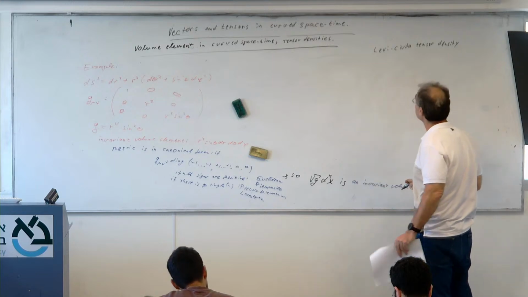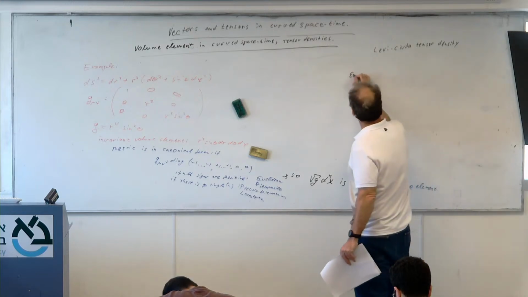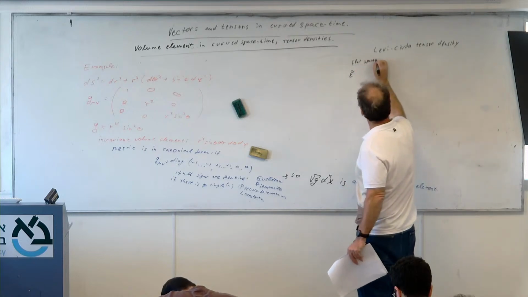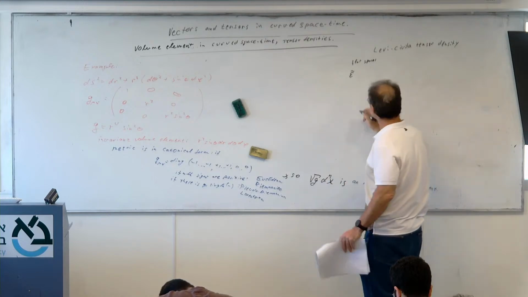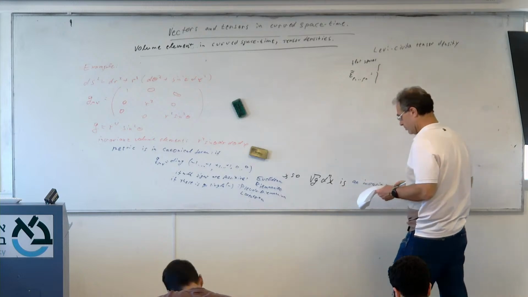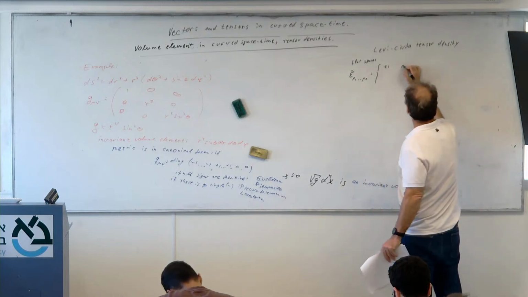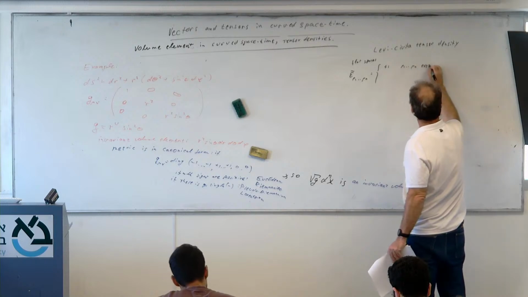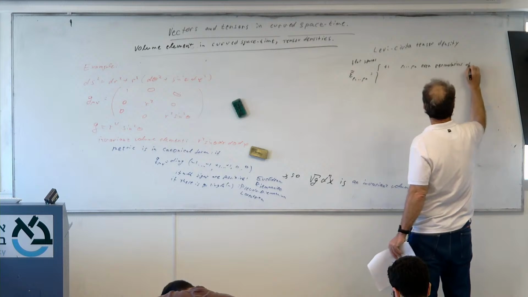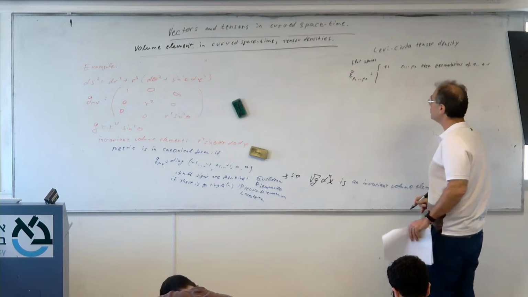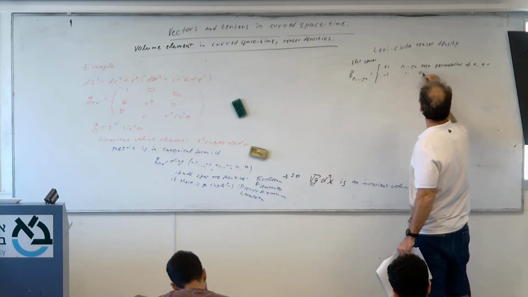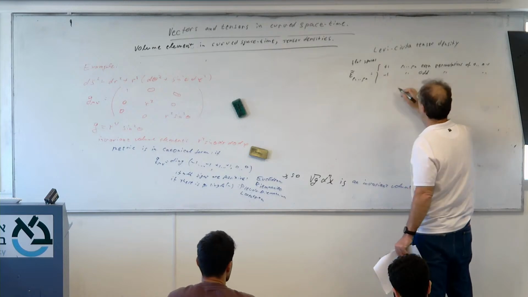So in flat space, we have epsilon, which I'm now going to put in as a tilde. This is flat space. Epsilon tilde of mu1 to mu n is defined as +1 if mu1 to mu n are even permutations of 0 to n minus 1, -1 if this is an odd permutation of that, and 0 otherwise.